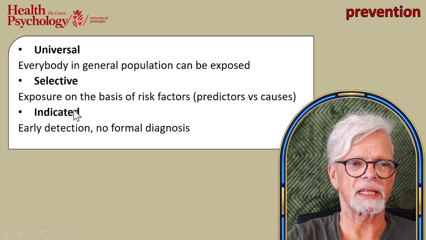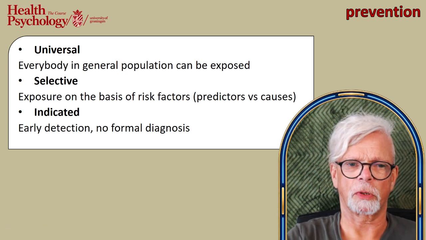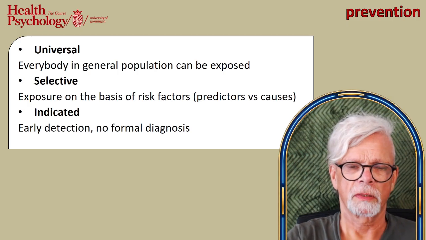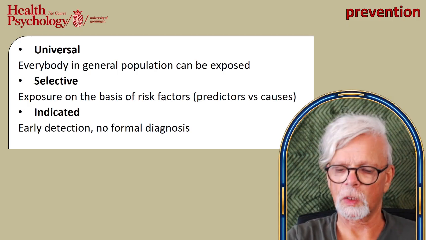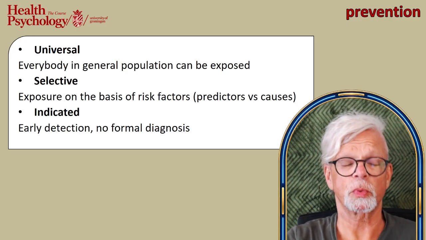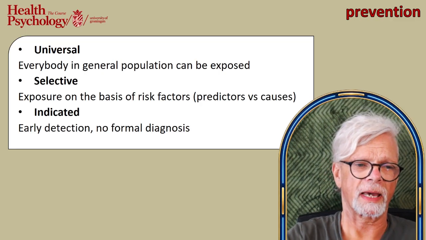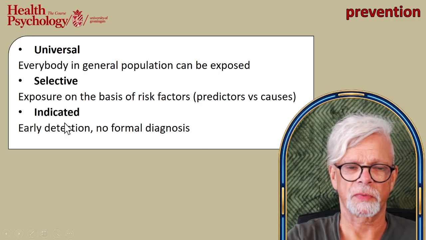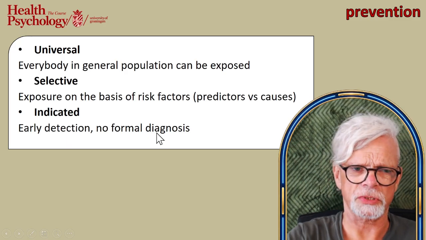But there's also selective prevention. And then we look at exposure on the basis of risk factors. It may be that, for example, some gender has a higher risk for a certain disease. Well, then you can target this gender. Or we have indicated prevention. That's the early detection, but still no formal diagnosis.